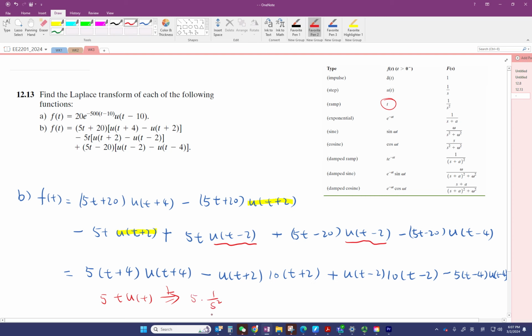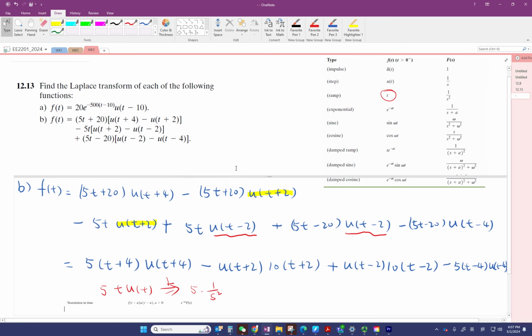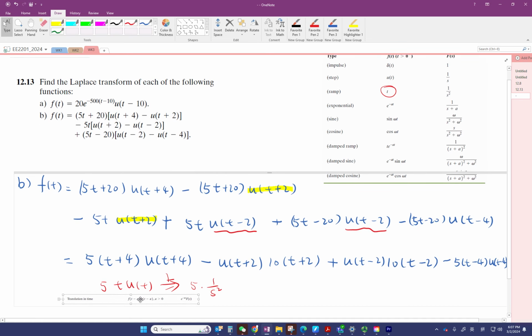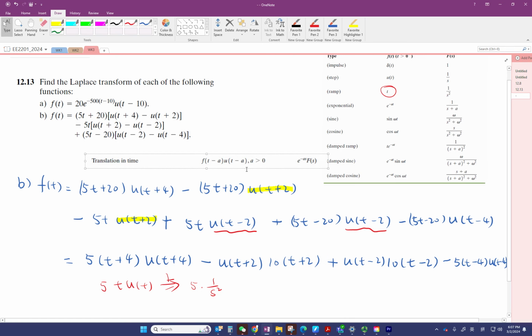Okay, but there is a time shift, so I bring this one here. We used this several times. Let's read. Okay, in the last question, it does have a time shift. So if you include that time shift, this one becomes 5 multiplied by 1 over s squared. That's from this one.